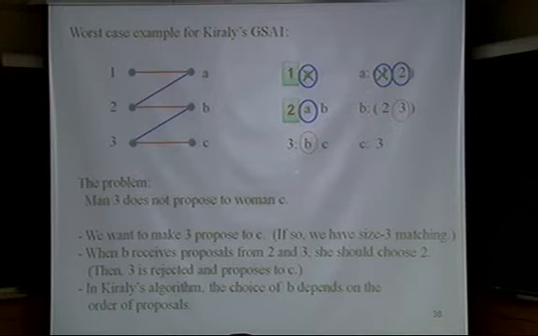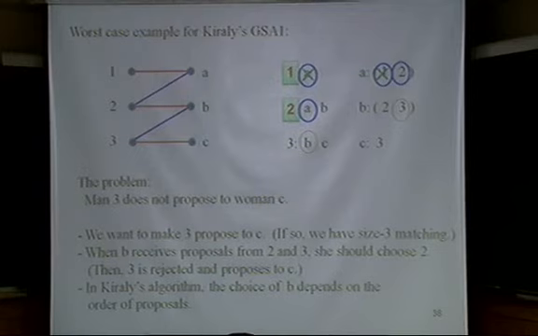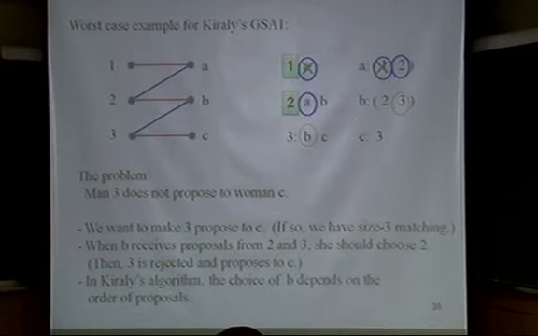If she can reject 3, then 3 will go to C. But in Kirari's algorithm, it depends on the order of proposals. And we want to force B to select 2, always 2, without depending on the order of men's proposals.